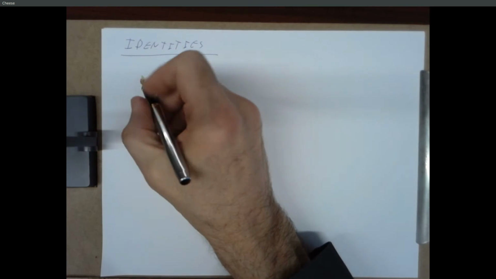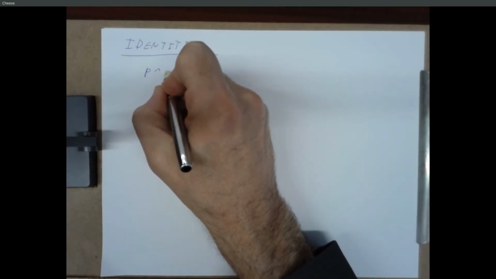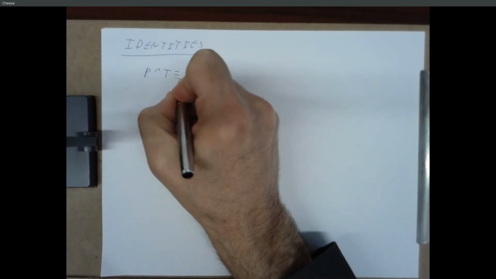All right, so we can start writing identities, equivalences between expressions. And there's a number of these. We'll talk about a few of them. P ANDed with true is logically equivalent to what? Well, let's pick a proposition. P is the proposition that today is Wednesday.